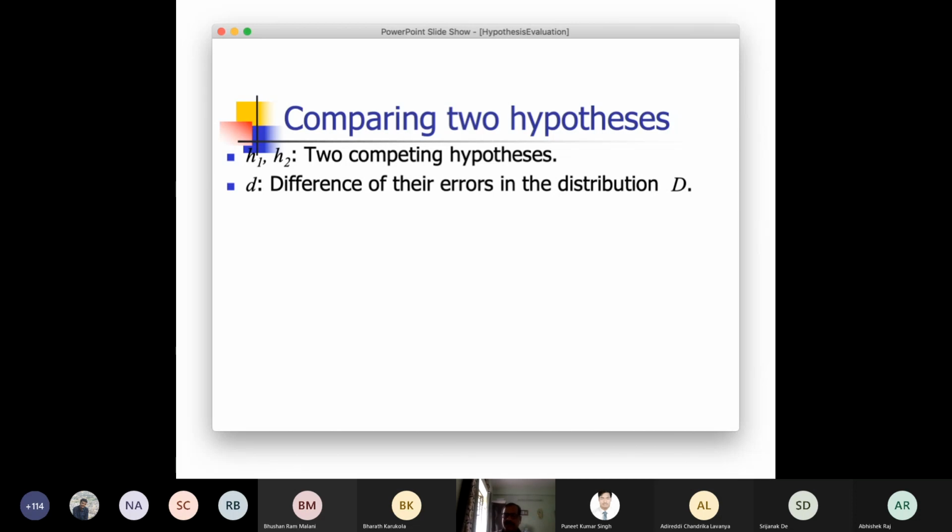Statistically you have to say whether most probably, in most cases, it will be better, or in most cases it will be worse, or they are equivalent, not much of a distinction. Sometimes H1 will be better, sometimes H2 will be better. This is the way you should compare models.